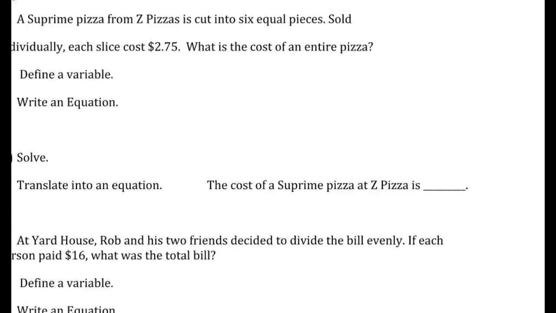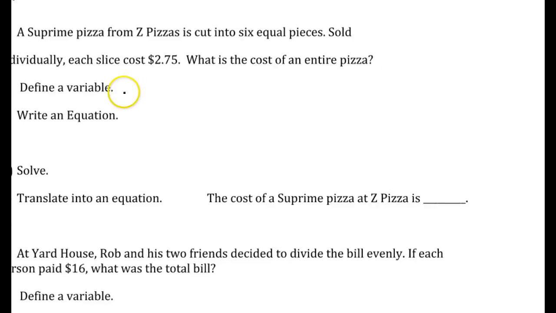Alright, Supreme Pizza from Z Pizzas is cut into 6 equal pieces, sold individually. Each slice costs $2.75. What is the cost of the entire pizza? Okay. So once again, we're going to go with C. And I'm going to say it's the whole pizza.